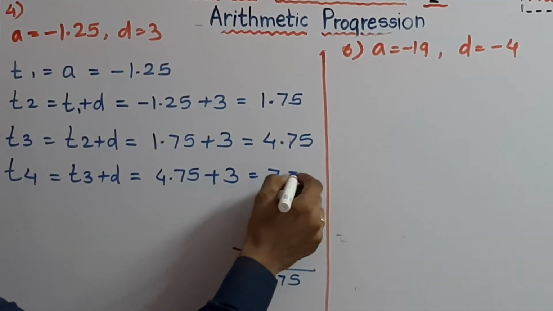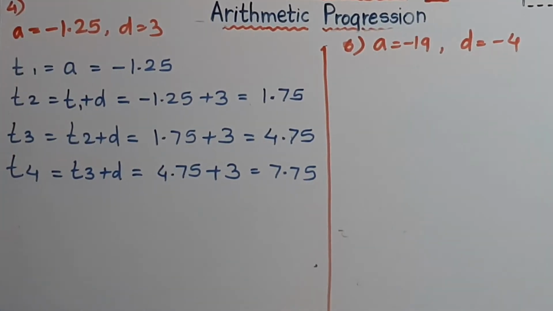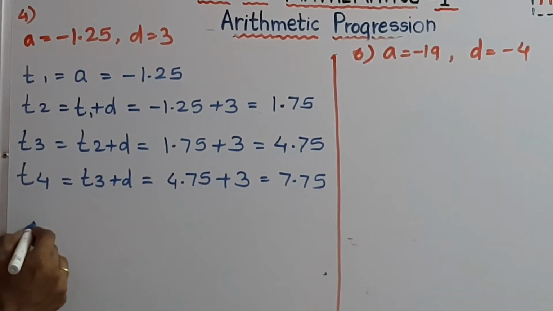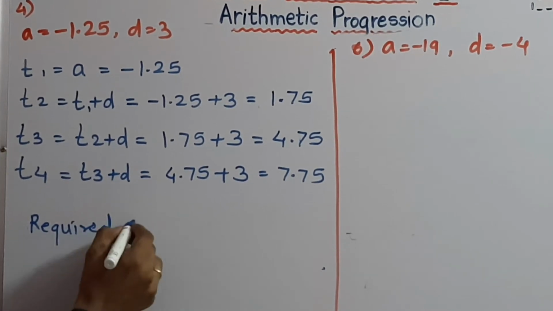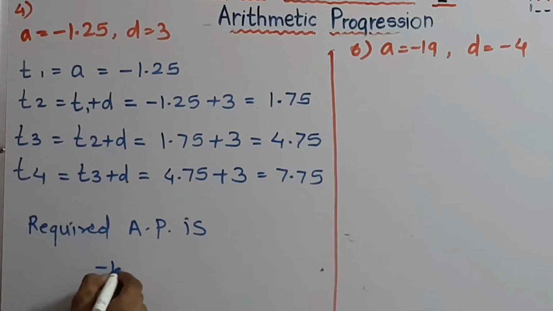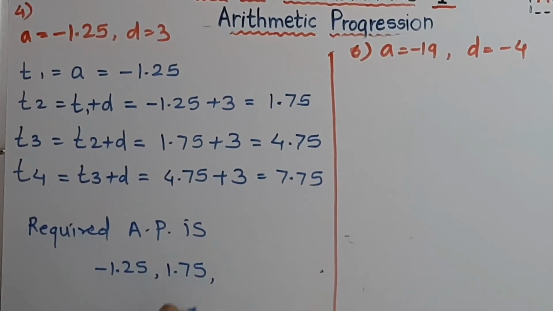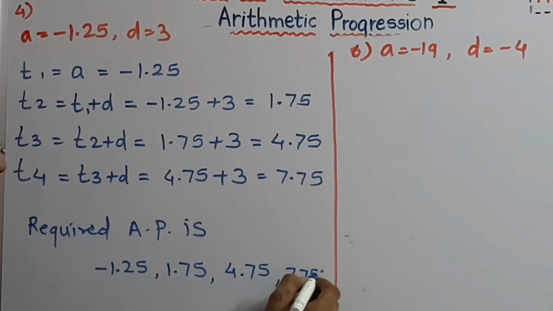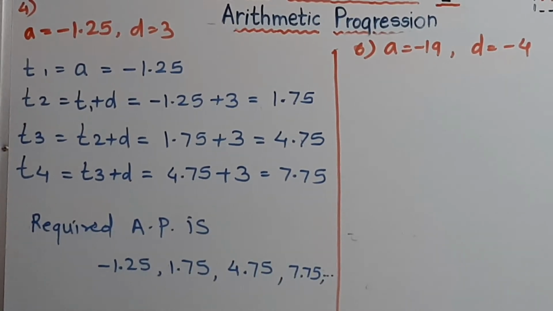It is 7.75. Like this. These are the four terms. Therefore, we can write the required arithmetic progression is minus 1.25, 1.75, then 4.75, then 7.75 and so on. Like this we can write an AP.